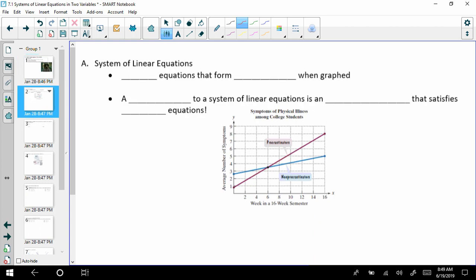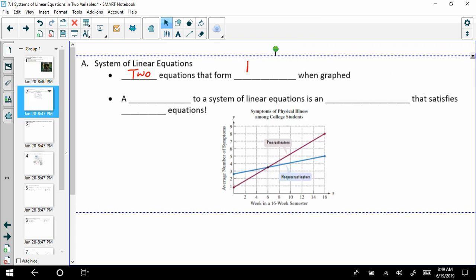So what do I mean when I say a system of linear equations? Well, a system of equations is 2 equations, and if they're linear equations, they form lines when they're graphed. So the big thing that makes it a system, though, you have 2 or more equations together.